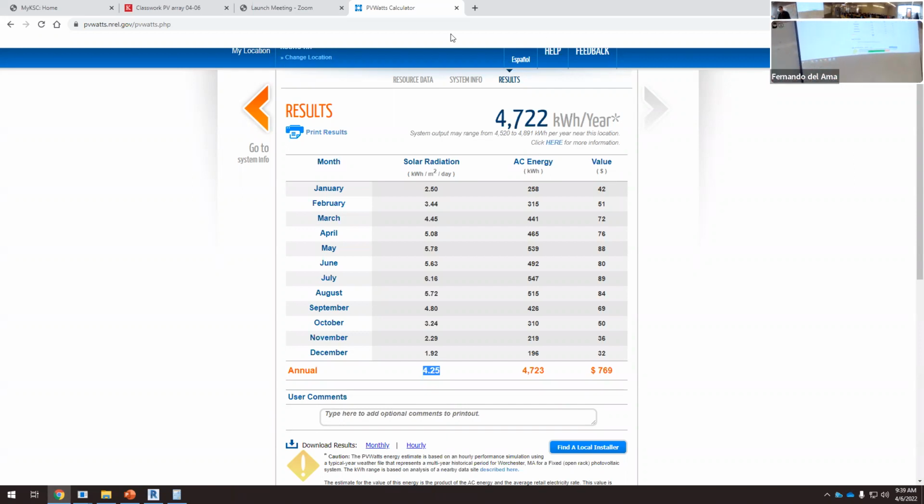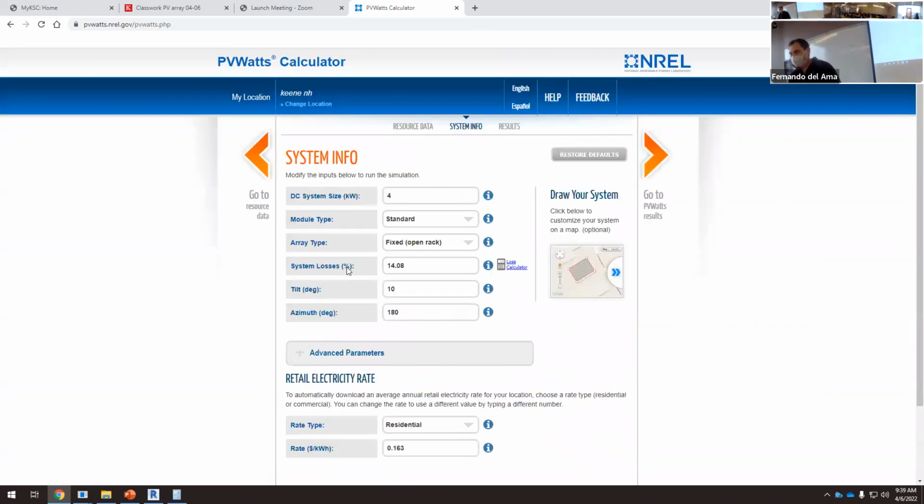So what have we got? What are the inputs? Here we do need to know the quality of the panel that we are using. So this is the DC system size. Yes, so that's relevant now. Okay, so we have generated this, but with this DC system size in kilowatts, it's 4.